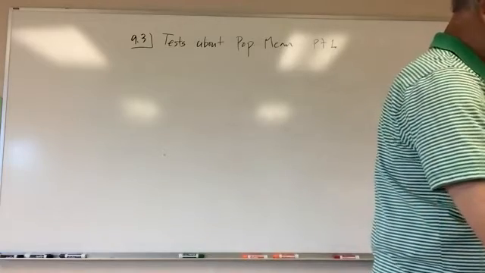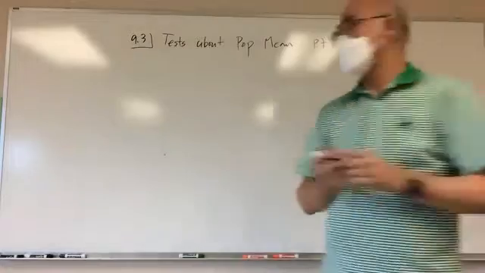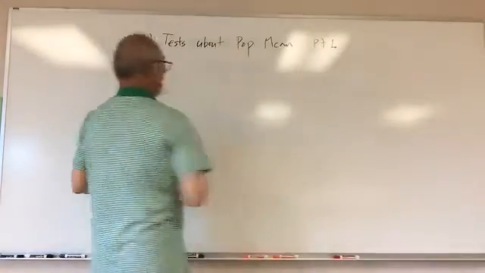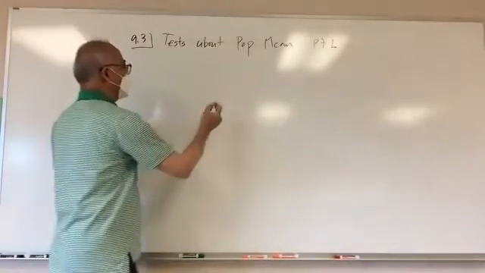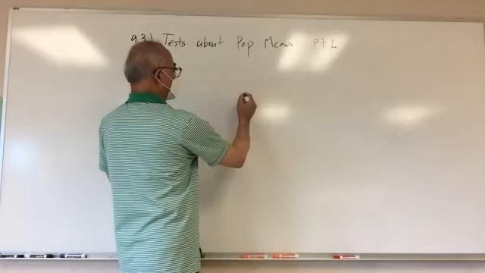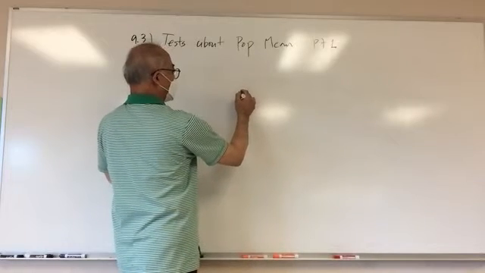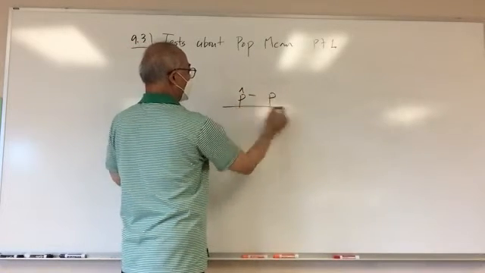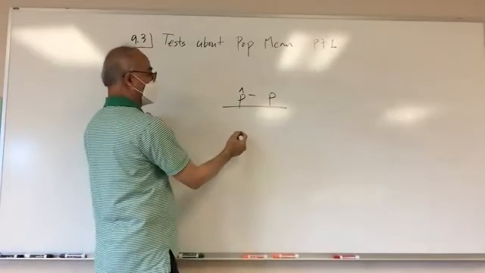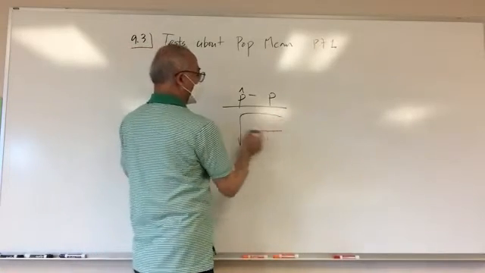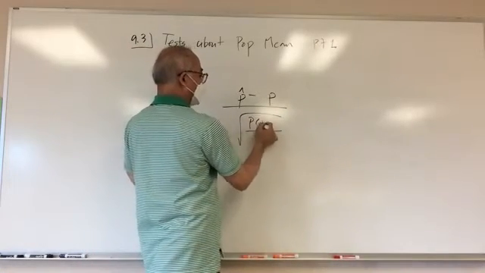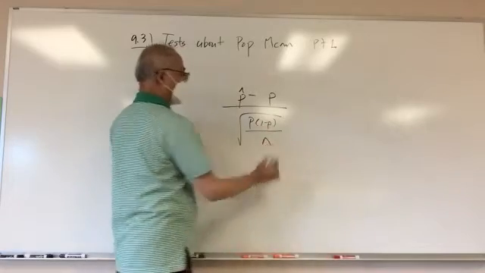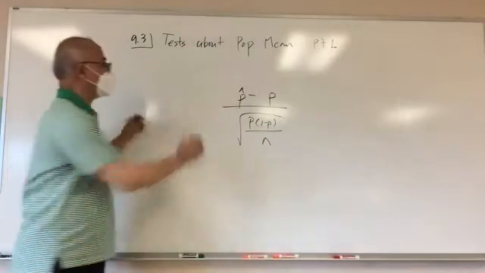So, standardized test statistic and the p-value. In the proportion, how do we do the proportion? We had p hat minus actual p over the square root of... this was our z star, correct?